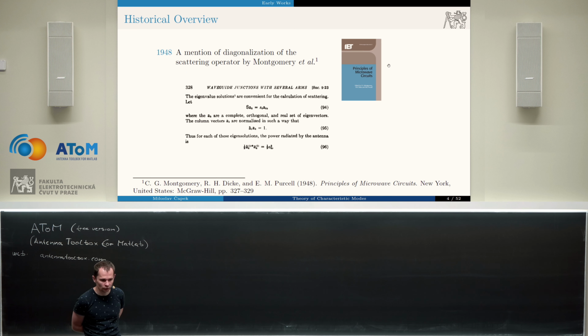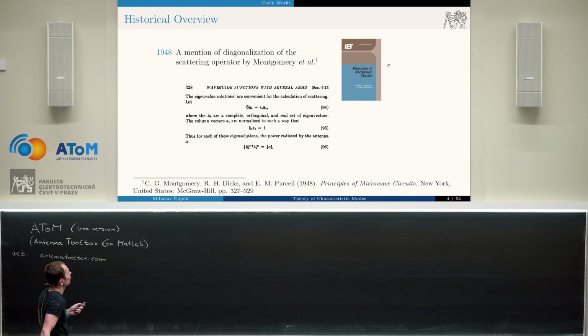Before that, let's start with the beginning of the theory. One of the first mentions you can find is from 1948 in a book written by Montgomery, Dicke, and Purcell called Principles of Microwave Circuits. In that book, on page 328, you can find equation 94.